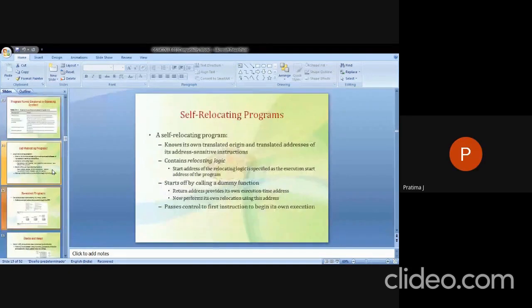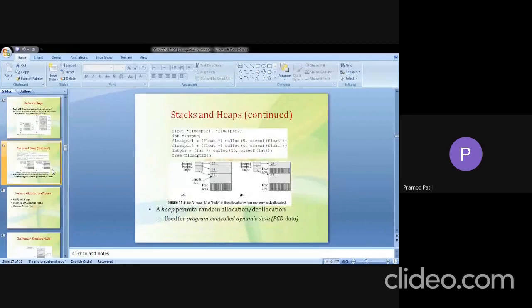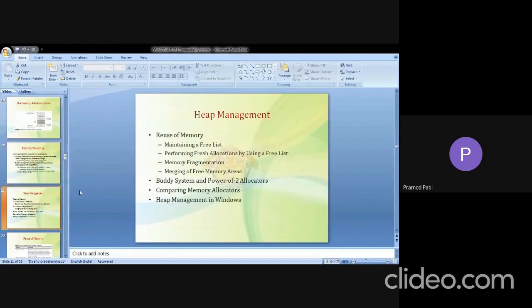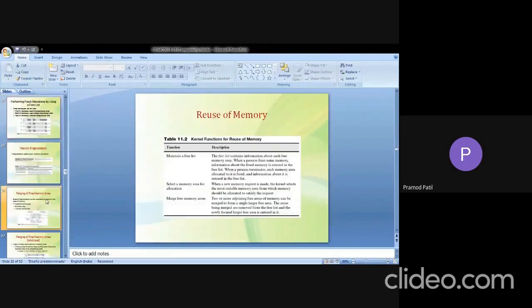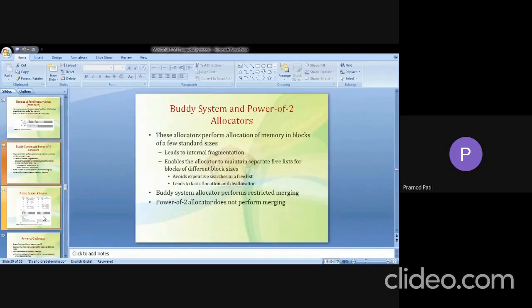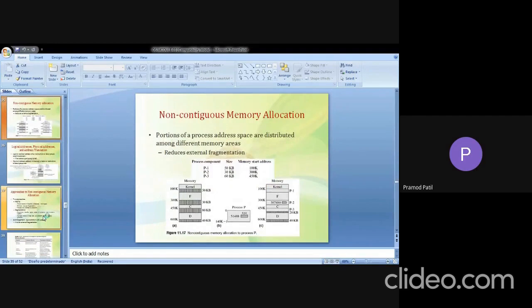Yes, sir. Okay, so previously we have seen some of the allocations for memory management. That's what we are going to continue. Merging of memory is done. So we are discussing contiguous and non-contiguous memory location.